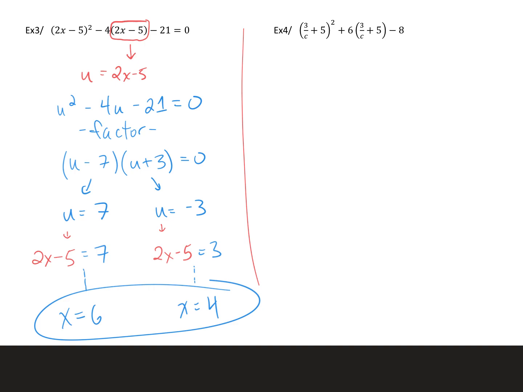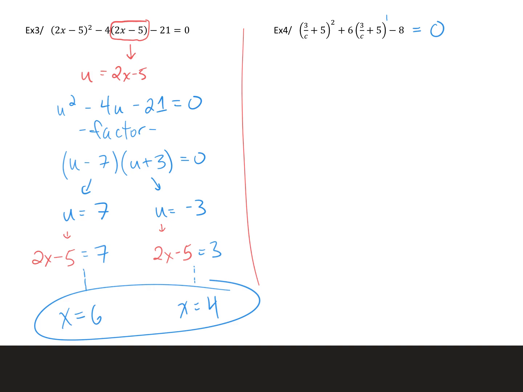except that in this case, you can see it is a 3 over c plus 5 being squared, and a 3 over c plus 5 to the first power. I am, in fact, missing an equals 0 here, so there it is.